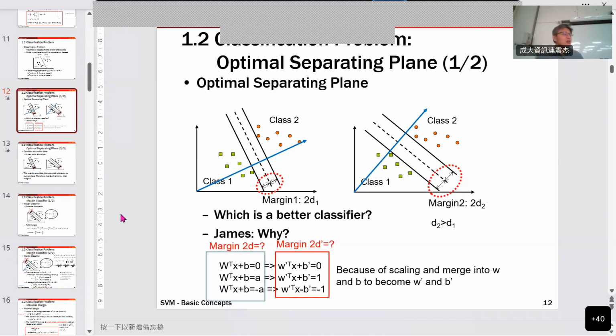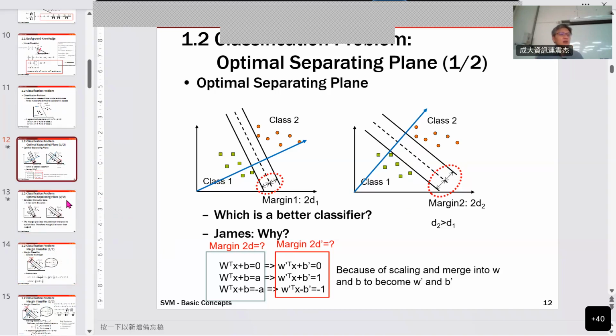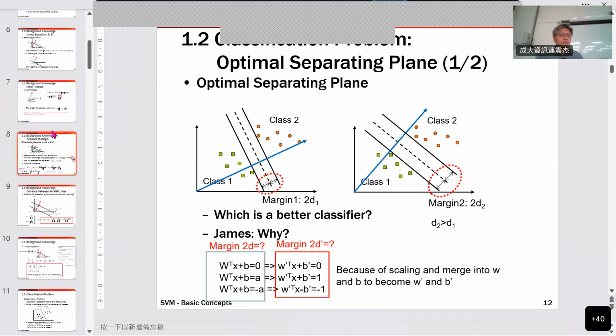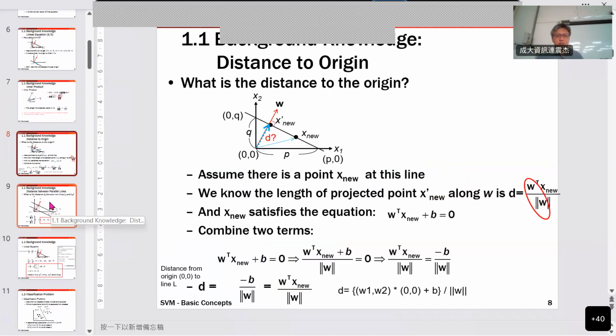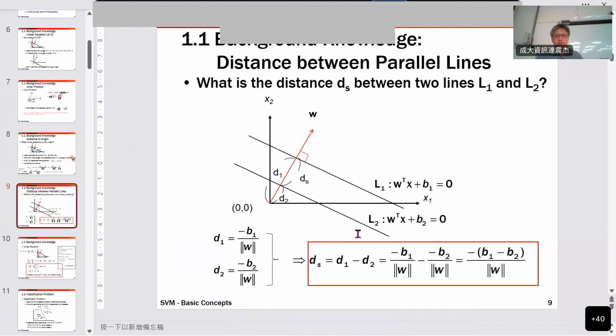Going back to this side, our purpose is to find the distance between two lines, the margin, to be as big as possible. That means we hope DS2 is bigger.